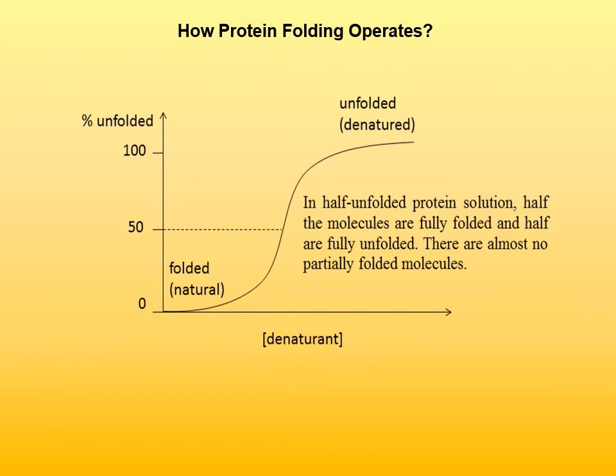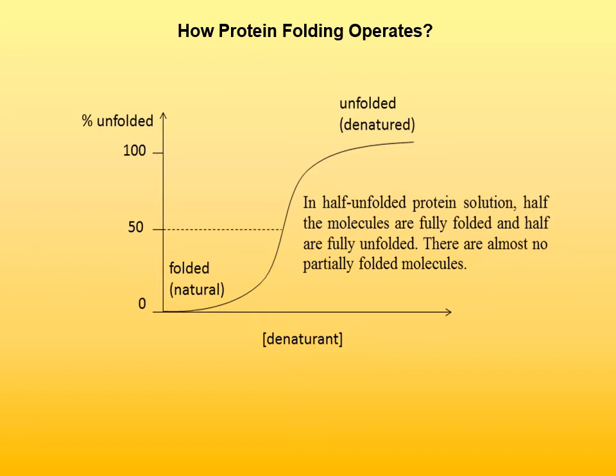And when we look into the process of folding, if we define a 50% unfolded protein solution, that means that in a 50% unfolded solution, half the molecules are fully folded and half are fully unfolded.